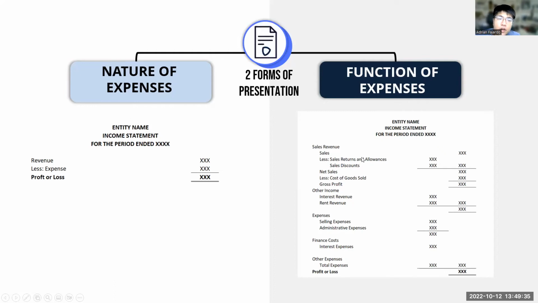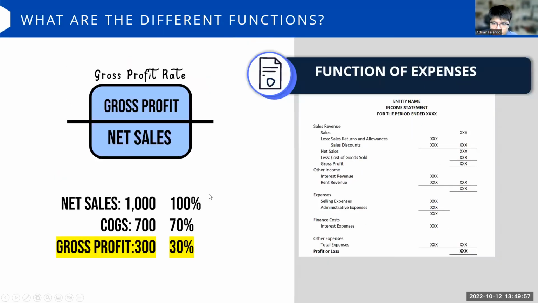And then you subtract your cost of goods sold, the first category of expenses, to get your gross profit. And then you add your second types of revenues or your other income, so your interest and your rent, your other expenses in the form of selling and administrative expenses, and then your finance cost. So you total this to get your profit or loss.